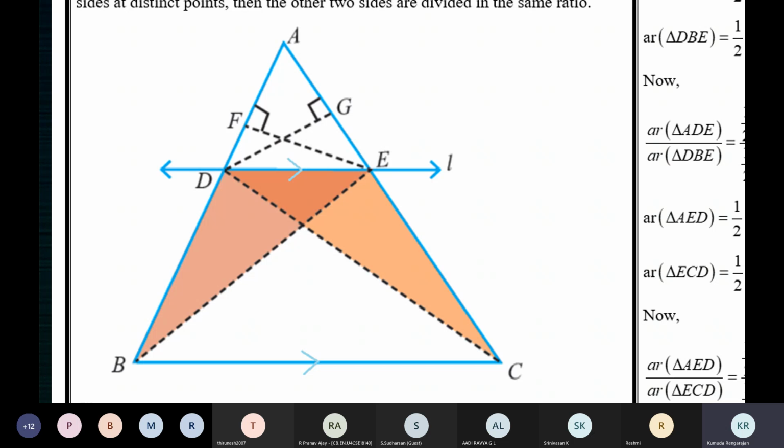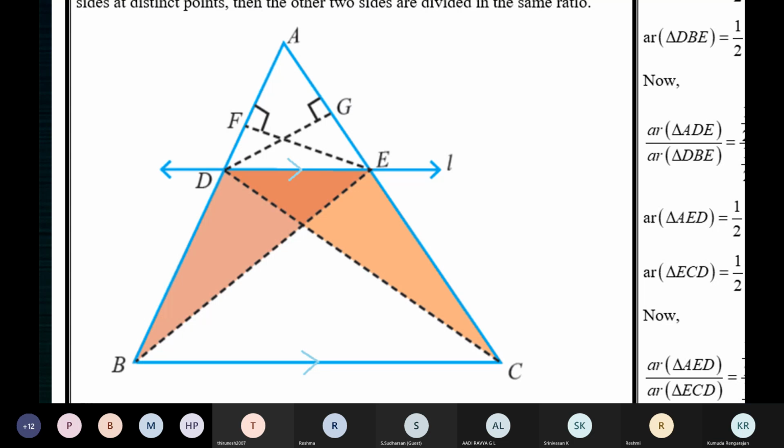If a line is drawn parallel to any one side of the triangle to intersect the other two sides at distinct points, then the other two sides are divided in the same ratio. So simply when L is parallel to BC, we have the result AD by DB equals AE by EC. What's the construction, children?